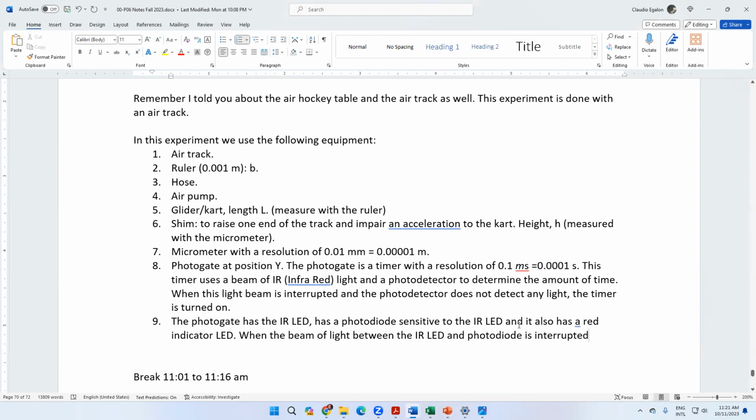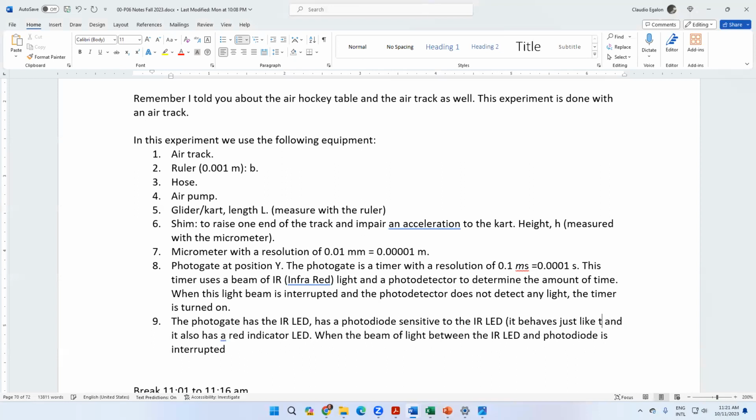The photodiode is sensitive and behaves just like the human eye, and it is used to determine if the IR light is on or off.